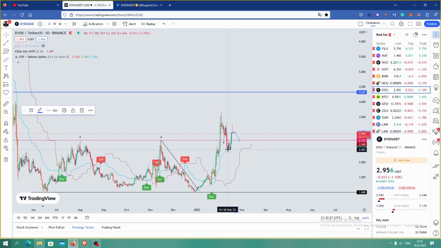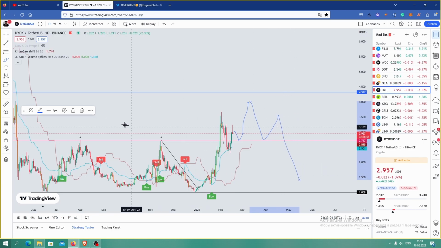Then we retest this as support, held it to the upside, retesting the super trend resistance. We are going back to the retest. If we retest it successfully, there is high possibility that we bounce from here or somewhere in this zone. And we are going to decide further whether we are going to the new upside. And in general, and it is also about Bitcoin, there is the possibility of us drawing some kind of head and shoulders here.